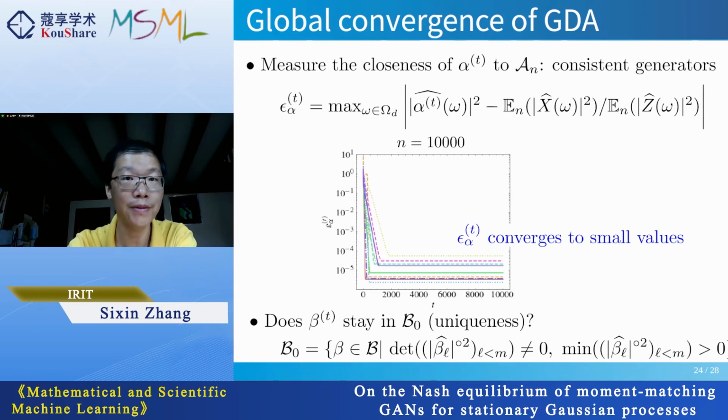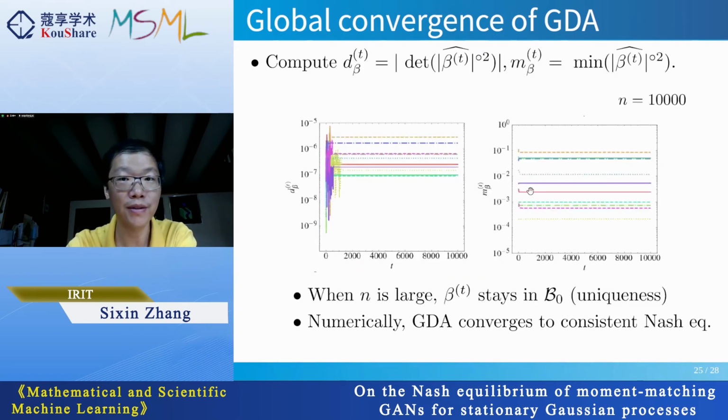We can also ask whether beta t stays in beta 0, because if we are always inside beta 0, then as long as it converges to an equilibrium, we are sure that it is a consistent Nash equilibrium. So this is a confirmation that these two quantities actually converge to something non-zero, meaning we are in this set.